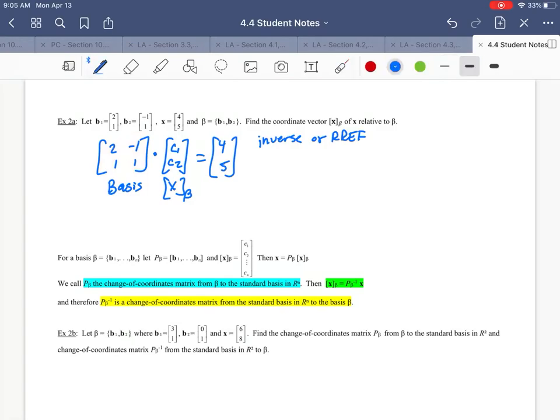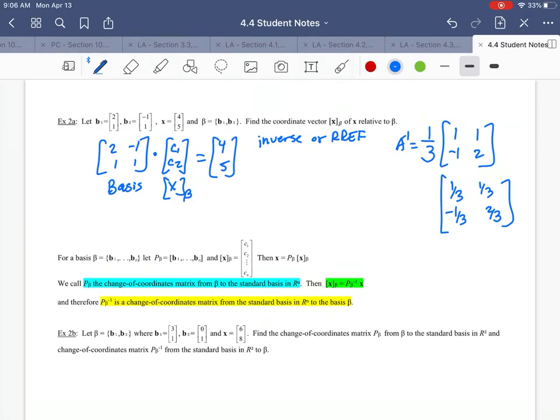So the determinant of my matrix right here is 2 minus negative 1, so that would be 3, right? So I have 1 over 3, and then remember you switch around. So you switch the 2 and the 1 in the corner, so that's 1 and 2, and then you make the other one's opposite, so this would be positive 1 and negative 1. So my inverse of my basis is 1/3, 1/3, negative 1/3, and 2/3.